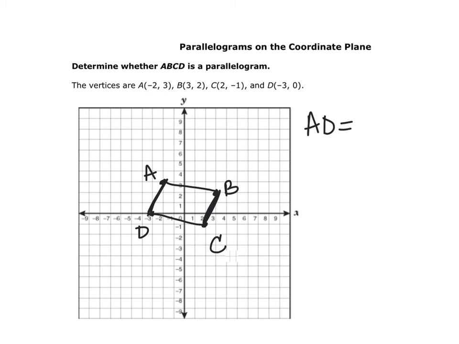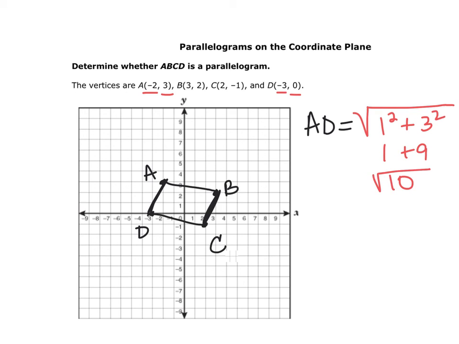So using the distance formula, we're going to take the square root of the difference between our x's, which is 1, and square that. And then we're going to add that to the difference between our y's, 3 and 0. So that's 3 squared. So I have 1 squared is 1 plus 9. So I know that AD is equal to the square root of 10.